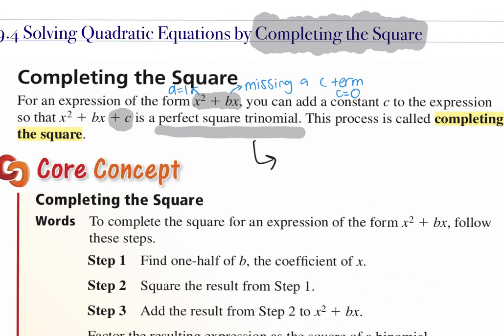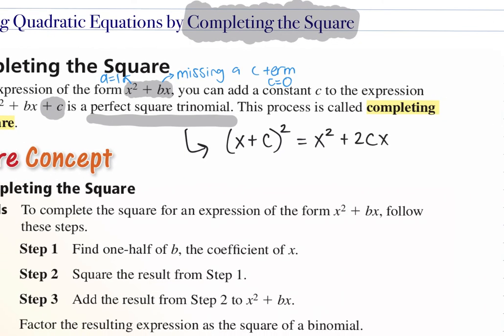A perfect square trinomial is when you have x plus a constant, we'll label it C, and you square it. Okay? And what we would get here is x squared plus 2 times C times x, and then plus C squared.